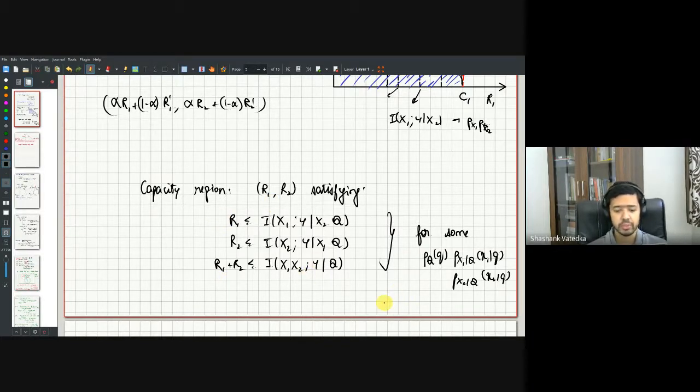Right. And in the previous class, we saw that all that this P of Q has to satisfy is that it is over some finite alphabet. Right? There was no bound on the cardinality of Q. But in fact, what you can show is that Q can be taken to be just binary.